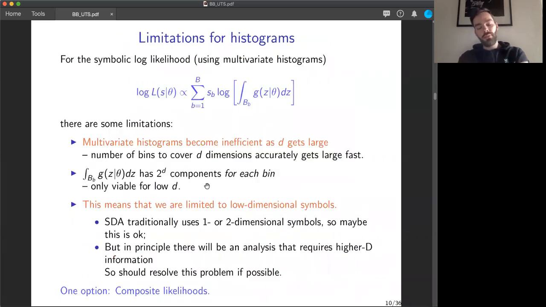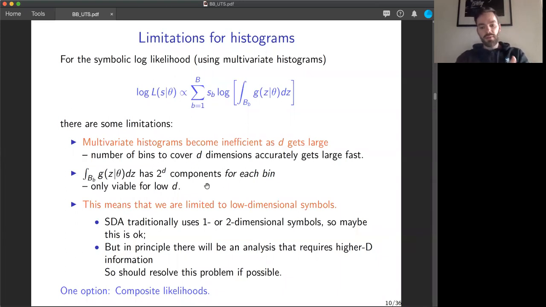So if we are focusing just on histograms, we have some limitations. As I said, there is the number of components needed to evaluate the probability to fall in a bin, but also as the dimension increases, we will have lots of bins, and that means the computation is going to increase because the number of bins grows very fast.